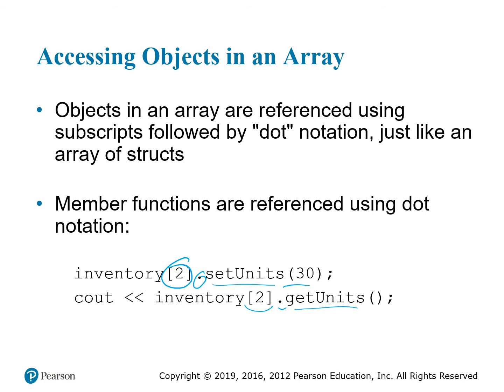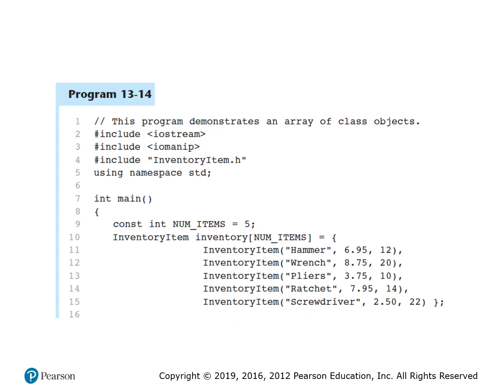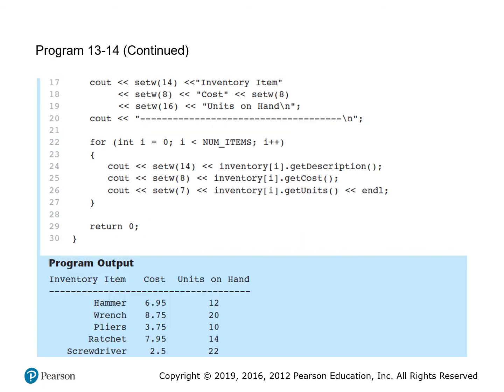We'll look up the number of units and then pass that to cout. Okay, this gives you an array of inventory items, and then for int i equals 0 to num items, we call get description, get cost, get units.